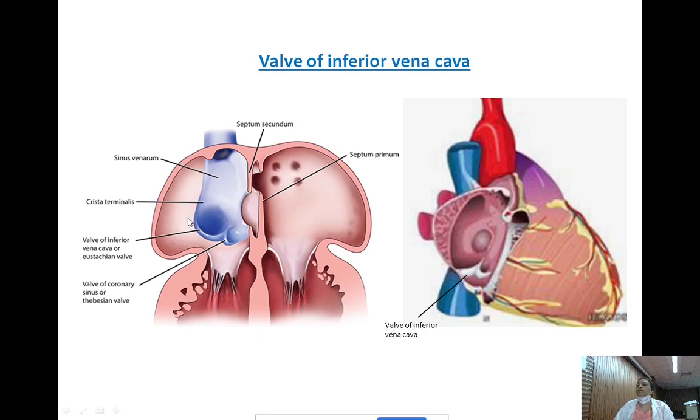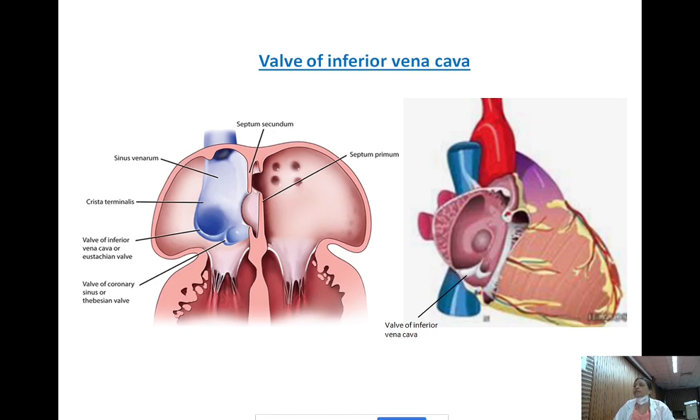So that direction was guided by that valve of the inferior vena cava, whereas the superior vena cava, which carries the deoxygenated blood even in the fetus, goes directly downwards. Only there is some mixture, but mostly it will go to the right ventricle. So the superior vena cava's deoxygenated blood goes directly to the right ventricle in the fetus.